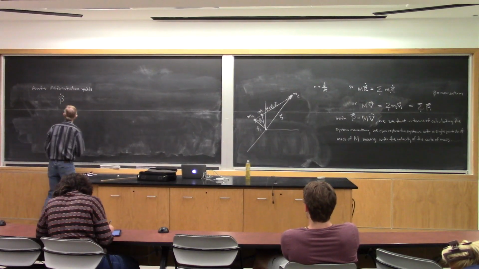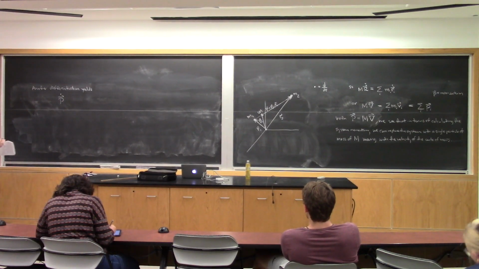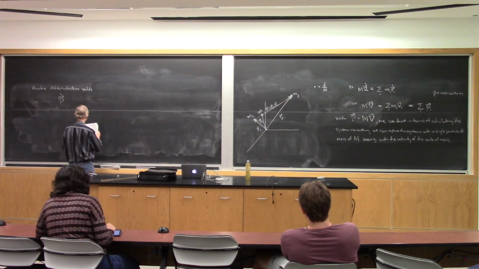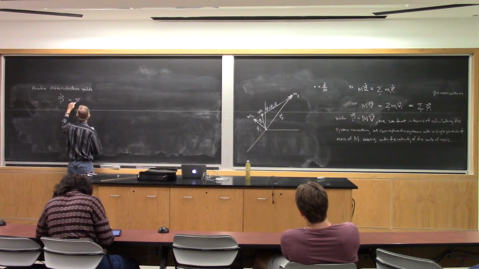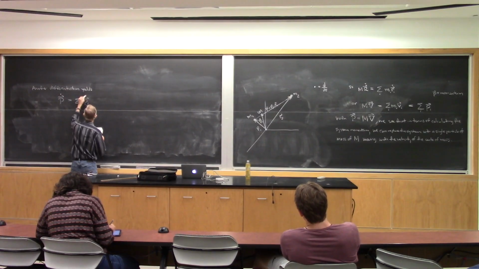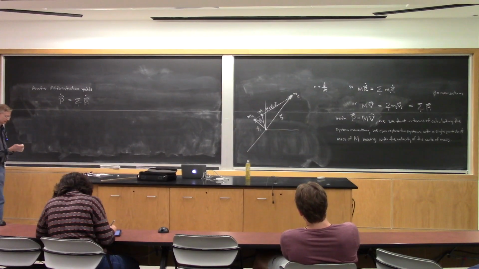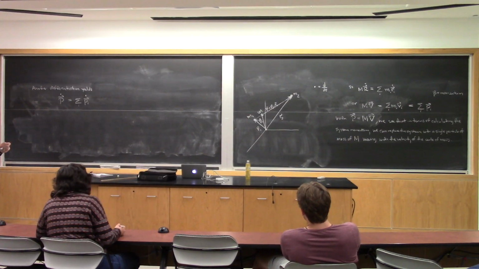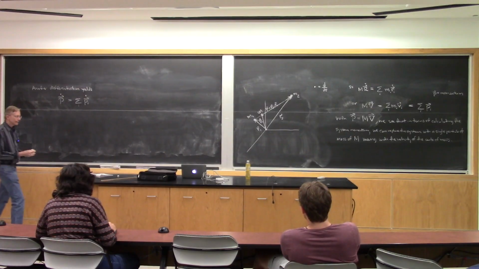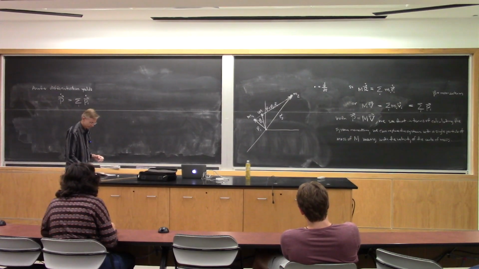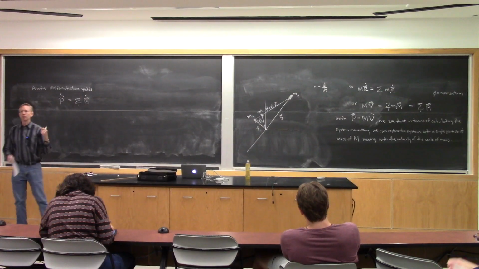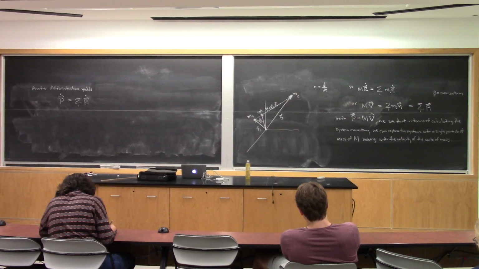Capital P dot, the time derivative of the system momentum, is equal to the sum over all the particles of the time derivatives of their momenta. But for any given particle, what is its rate of change of momentum?